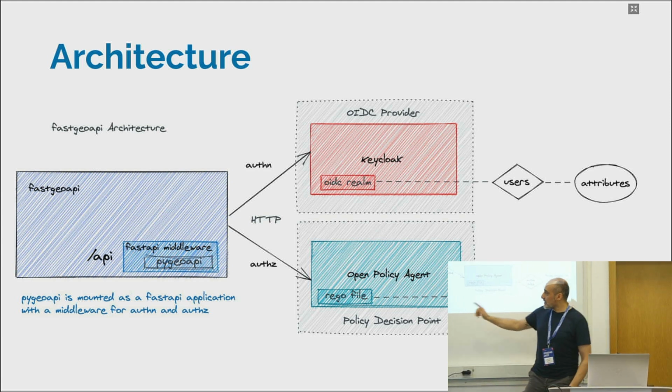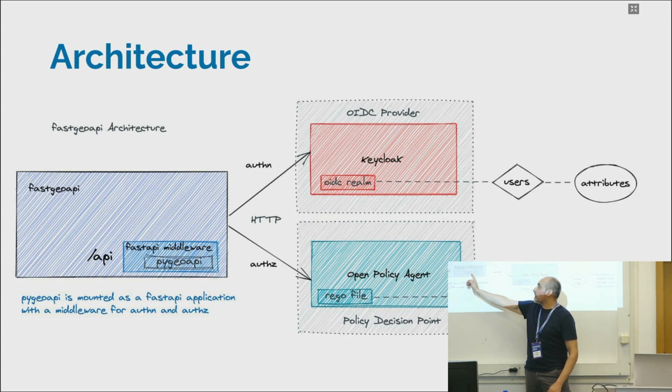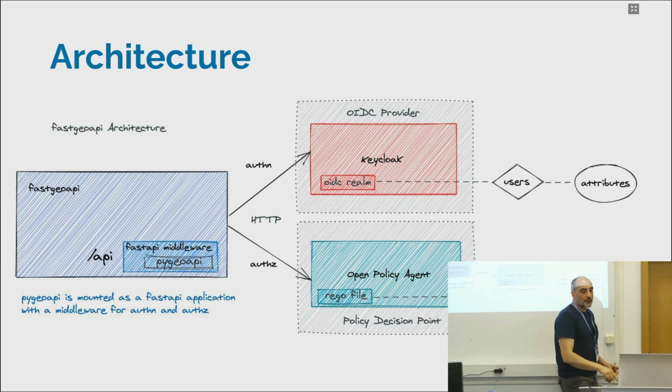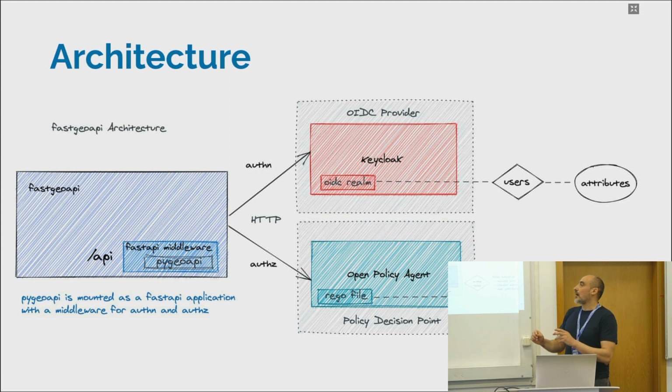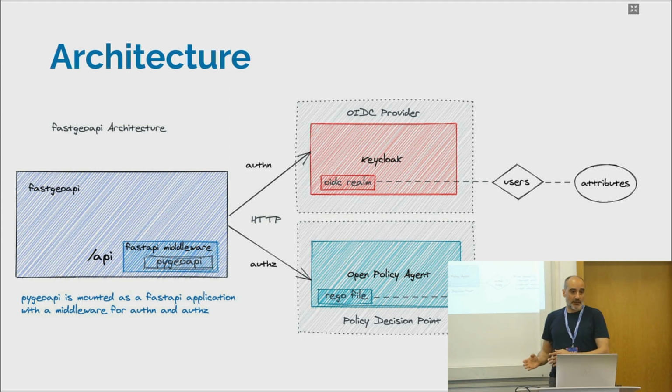Fastgeoapi is simply a wrapper of pygeoapi, and in fastgeoapi we use the very same variables that the vanilla pygeoapi uses. I'll show you in a moment.